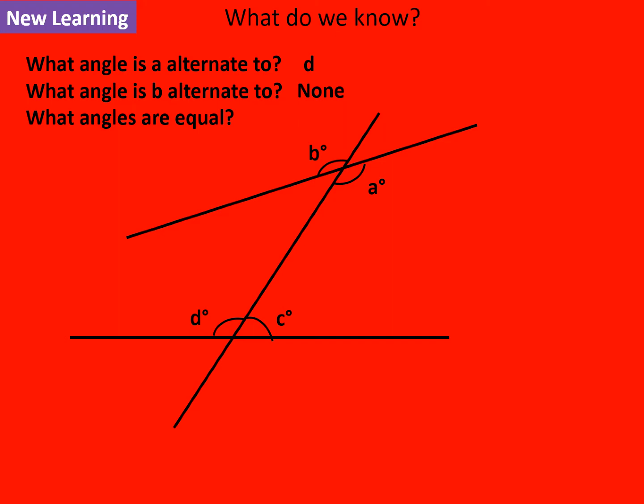So if there are alternate angles in parallel lines, they will be equal. However, in this example, the lines are not parallel, so the alternate angles A and D are not equal. However, we can say that A and B are equal. And this is because they are vertically opposite, and this is something we have also learnt in previous lessons.